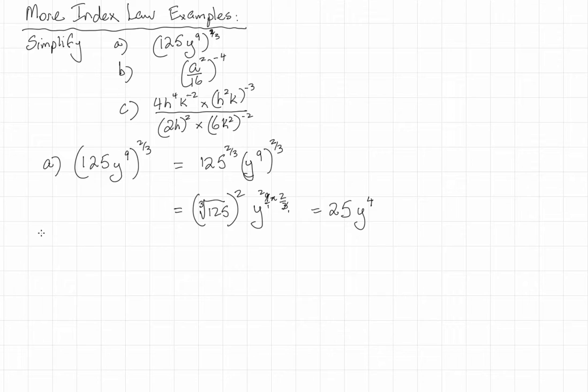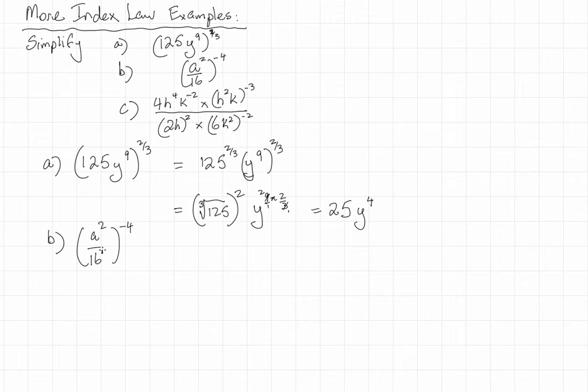So that's A. B, we've got a squared over 16 all raised to the minus 4. Now, we've got a power raised to another power, so we times the index.